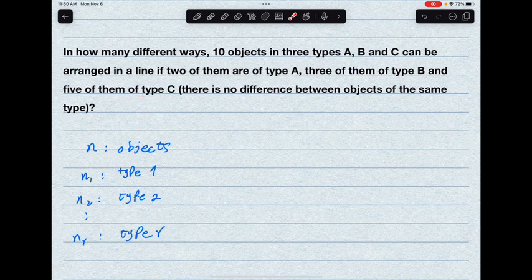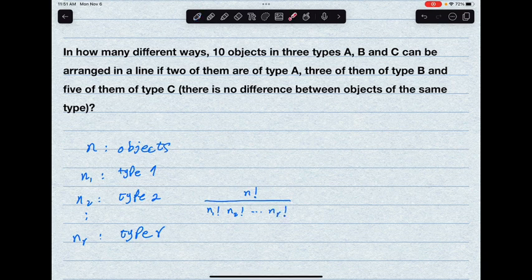So we have repetitions in each object of different times, and the formula for this one, the total number of arrangements, is n factorial divided by n1 factorial, n2 factorial, up to nr factorial.